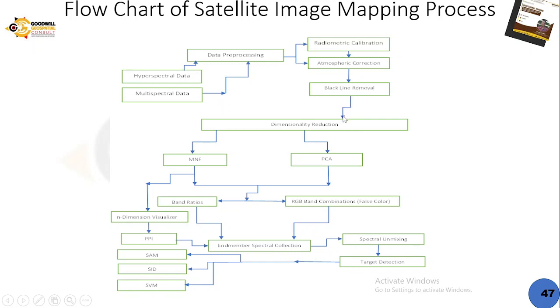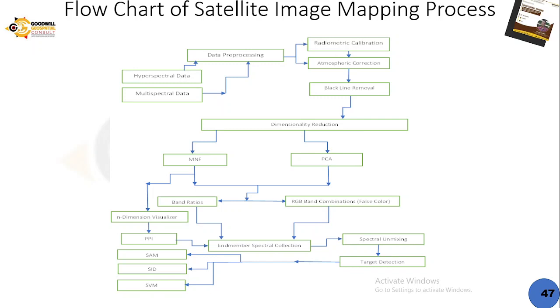Then you do dimensional reduction, that is, you reduce the dimensions. Some of the images have correlated effects of materials or properties, so you have to make them uncorrelated. The minimum noise fraction and the principal component analysis are algorithms for decomposing your images into uncorrelated facets of information. Once you are done, you can do your RGB color combination, that's the false color composite, or the band ratio.